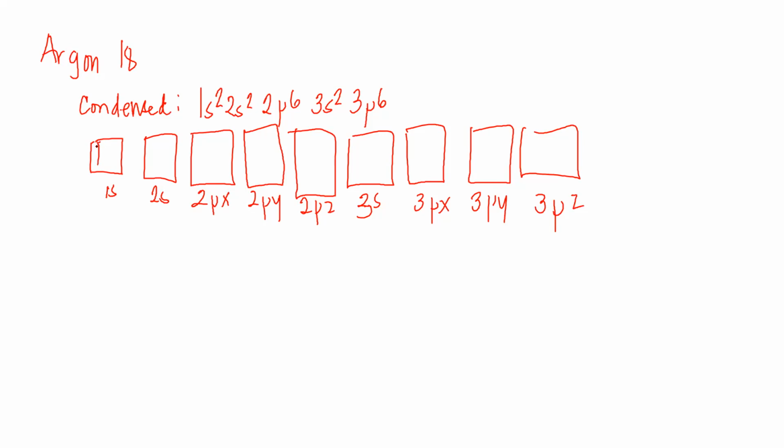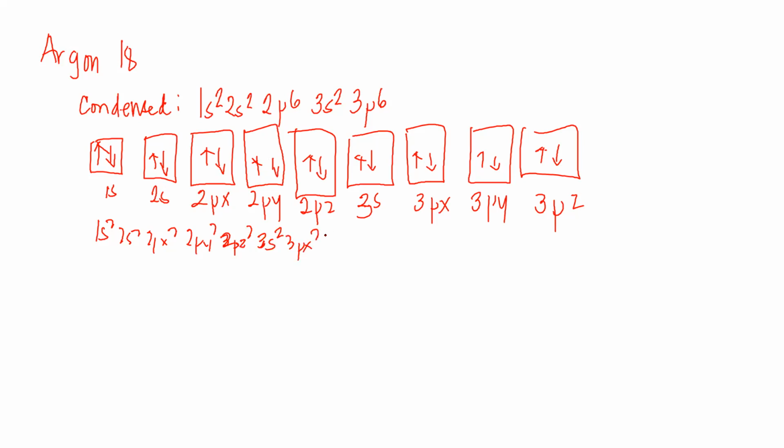All right? Down, up, down, up, down, up, down. Sorry, this is how it should be, right? So let's do it. Again, expanded: 1s2, 2s2, 2px2, 2py2, 2pz2, 3s2, 3px2, 3py2, and 3pz2.